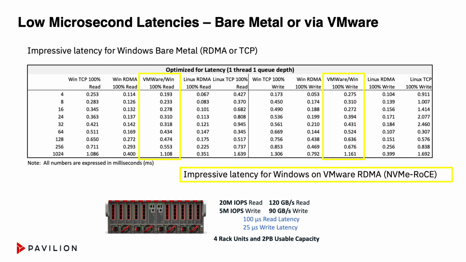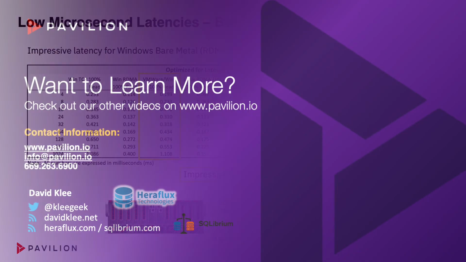But what's equally impressive is the latency by taking that same ecosystem and putting it inside of VMware. Similar or same latency, or in some cases better depending on the protocol than bare metal. So as we see, latency is key to SQL Server, and Pavilion can deliver impressive latency, bare metal or inside a virtualized VMware ecosystem.